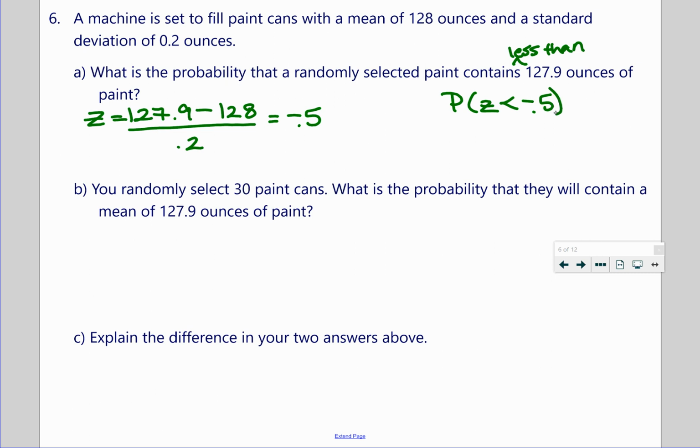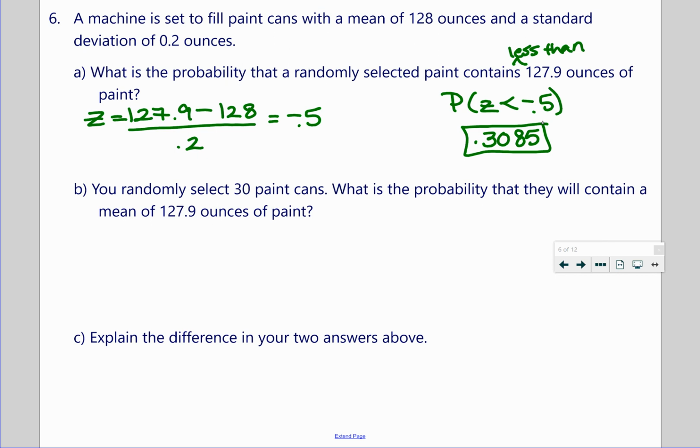So we find negative 0.5 on our chart, and I get 0.3085. Because it's less than, there's no need to adjust that. If it was greater than, like we did before, you would do 1 minus.